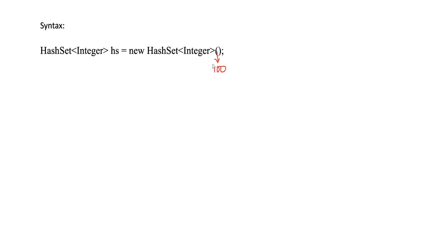If I want 200, I can say 200. In the same way, if I want to manage the load factor also, by default it will be 0.75. If I want to customize that, just put a comma and then the value you want, suppose 0.90. You can specify what fill ratio is required. So once it is 90% full, then it will create a new HashSet. That is how we can define the load factor.